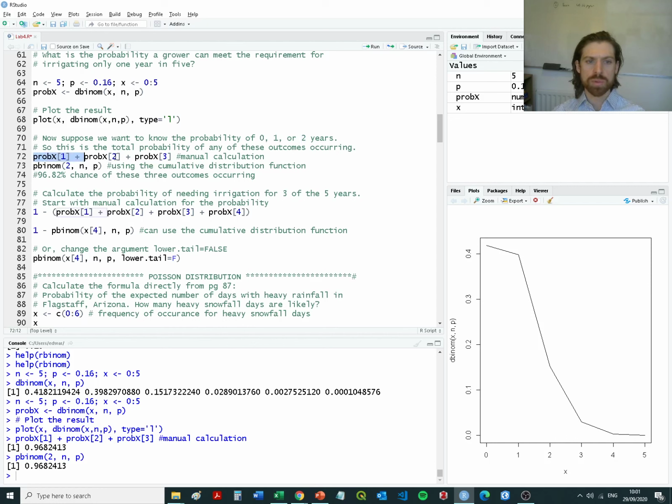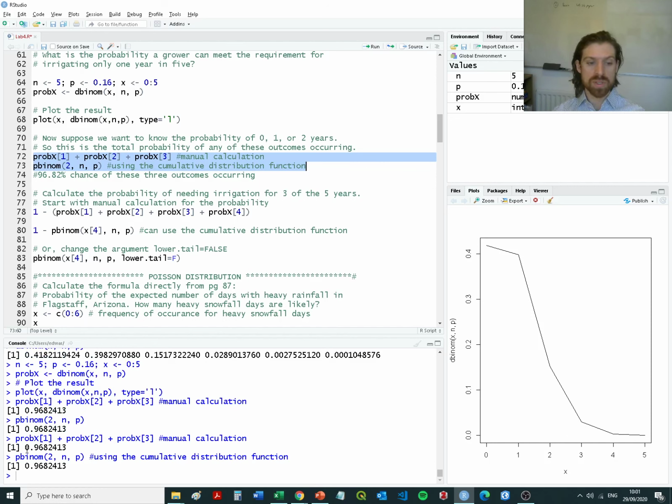So this is how we're able to both calculate this manually and also using the function that we have here. And when we do that through both approaches, we're able to estimate that it's about 96.82% chance of these 3 outcomes occurring.